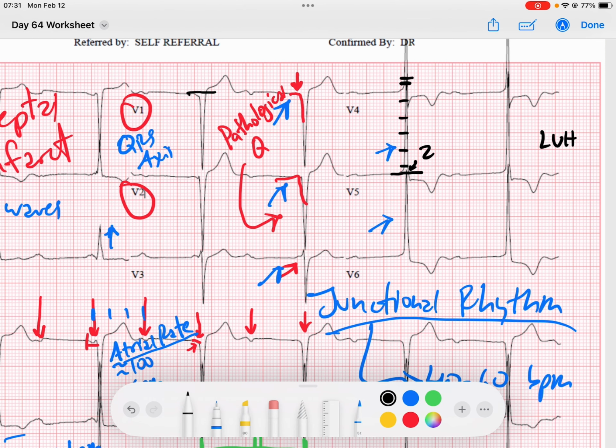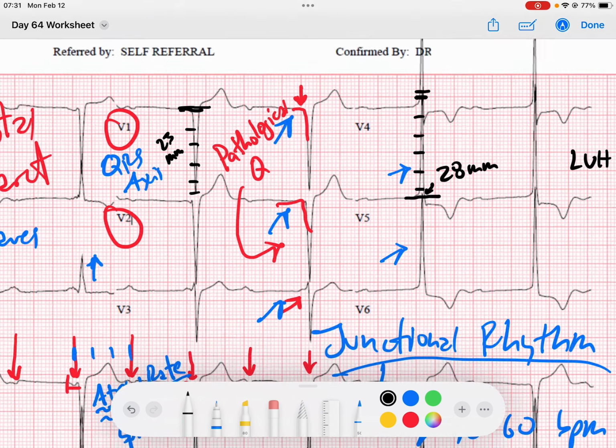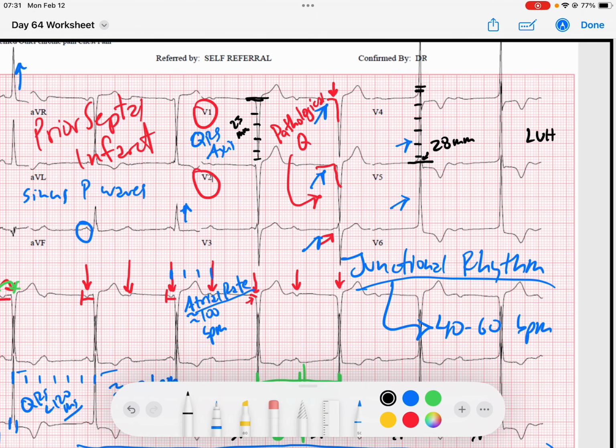So we've got 28 millimeters amplitude, and then the negative deflection here is going to be 5, 10, 15, 20, maybe 23 millimeters. So we add positive and negative: 28 plus 23 is equal to 51 millimeters. And that is greater than 35, which is LVH.